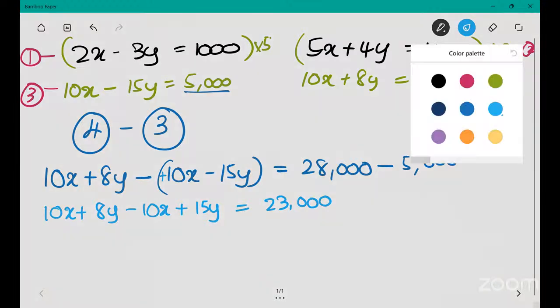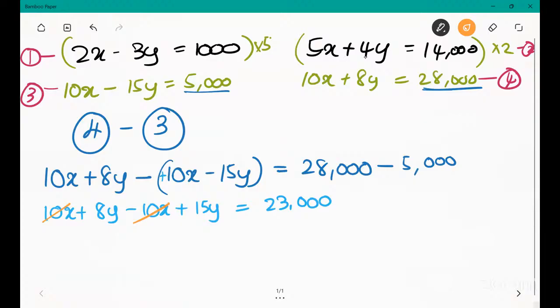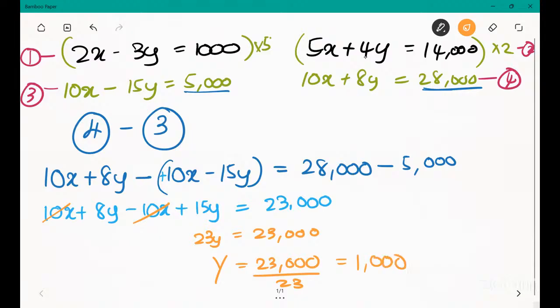Then you can see that 10x minus 10x gets cancelled, and 15y plus 8y gives me 23y is equals to 23,000. Then y is equals to 23,000 divided by 23, which is equals to 1,000.